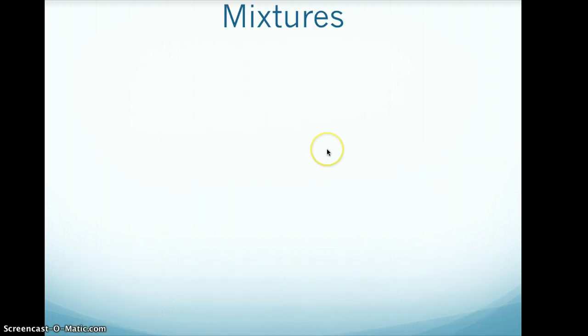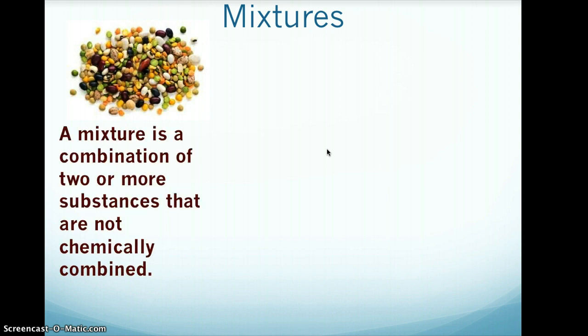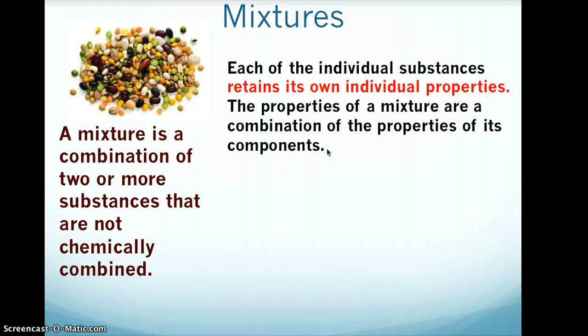So you've got mixtures. Well, mixtures are just that. They are a combination of two or more substances, and they're not chemically combined, so they're just physically combined. And that's going to have some consequences. Because each of the individual substances in the mixture are not chemically combined with each other, they do retain their own properties.